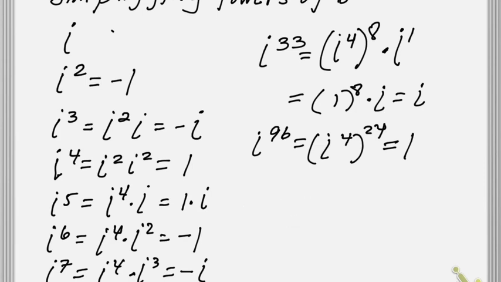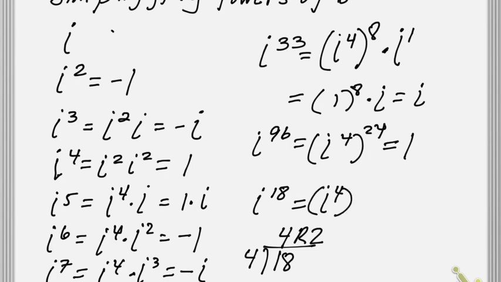Let's just try one more. Say I go i to the 18th. All right? So what do I do? 18 divided by 4, and that's 4, remainder 2. So that means that I can rewrite i to the 18th as i to the 4th times i squared. You need to follow the relationship.